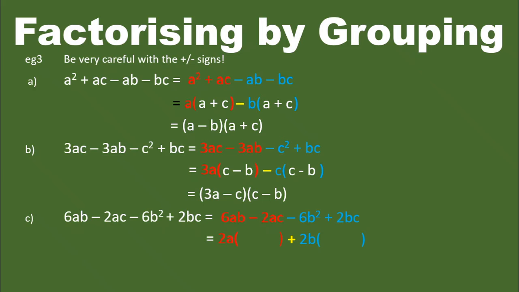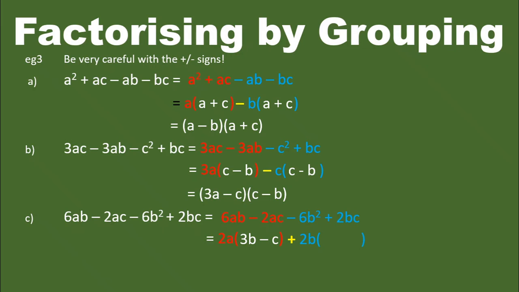So, factorizing the red team, 6ab divided by 2a, 6 divided by 2 is 3, the a will cancel, and we're left with 3b. And negative 2ac divided by positive 2a will leave me with negative 2 divided by 2, that's 1. A divided by a, that cancels, so that's just negative c. So 3b minus c.